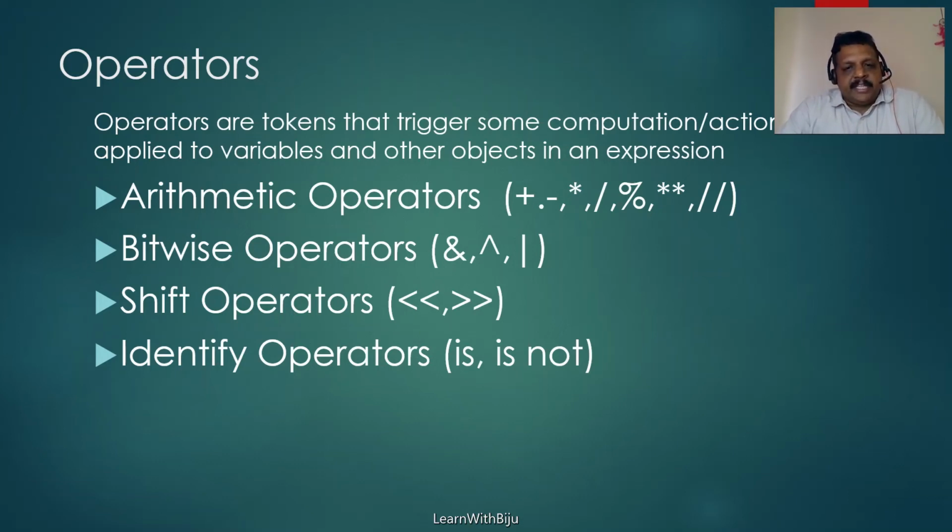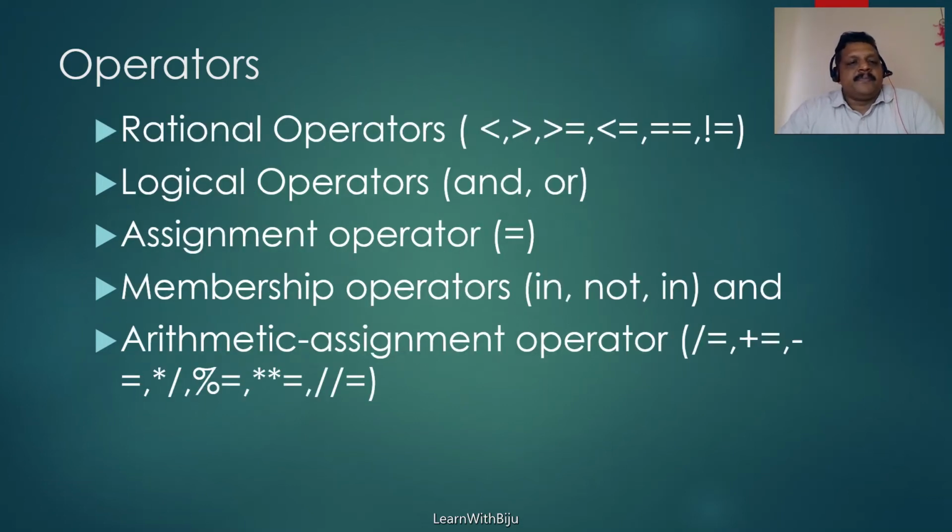We have arithmetic operators like plus, minus, division, etc. We have bitwise operators and, or, XOR. We have shift operators, left, right shift. Then we have identity operators, is, is not, relational operators, less than, greater than, less than or equal to, greater than or equal to, equal to, logical operators like and, or, assignment operators, equal to.